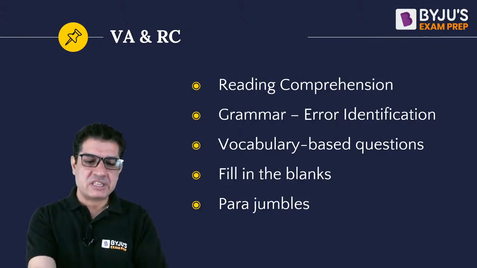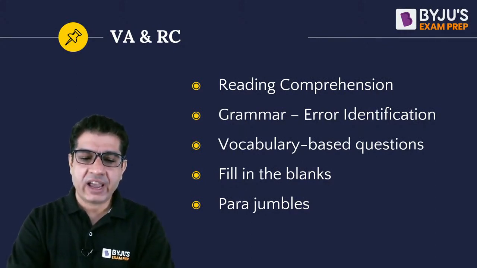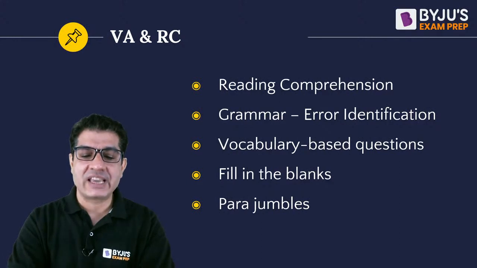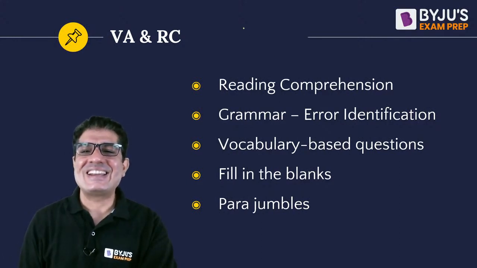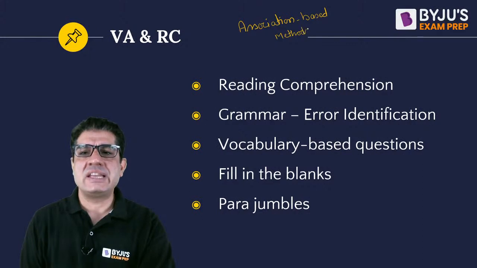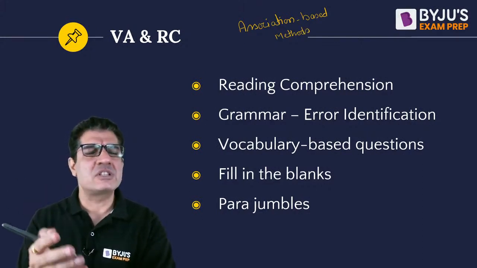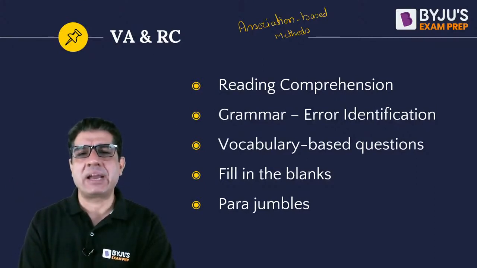Okay, then let me see, there are some questions streaming in. Having trouble remembering words? There are dedicated sessions that we have taken, but here is one simple little tip. Use association based methods. Association based methods say that you link the meaning of a word with something else which is preferably already in your mind.